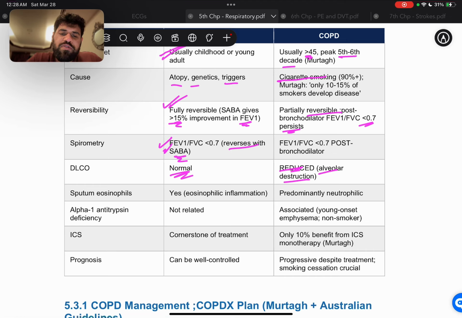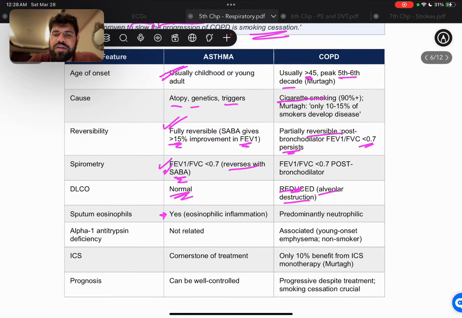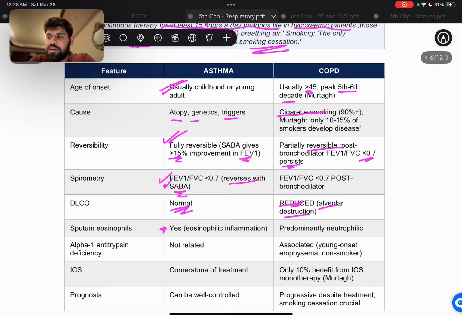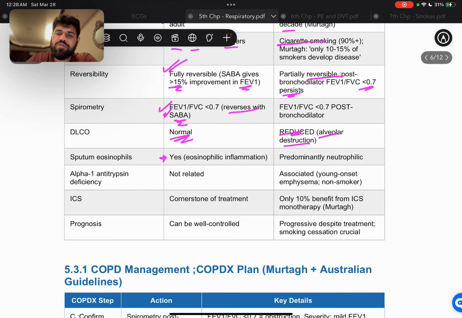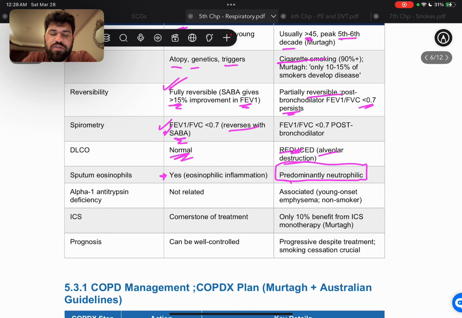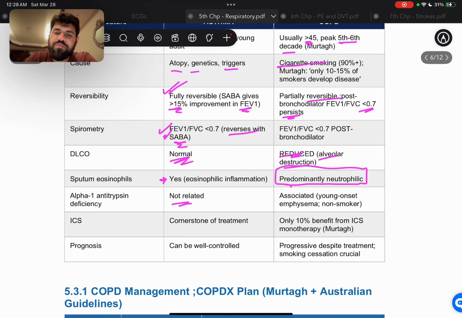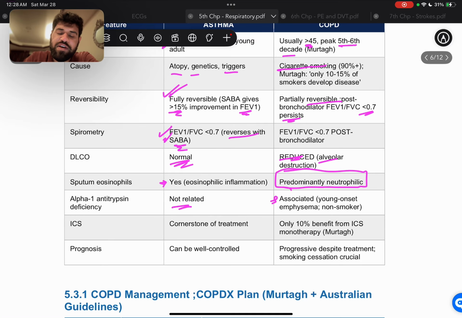Then sputum eosinophils, yes in asthma, because it's more immune centered, whereas COPD is going to be predominantly neutrophilic, and not eosinophilic. Alpha-1 antitrypsin deficiency, for asthma it's not related, whereas for COPD it's associated, especially in young onset emphysema or in non-smokers.